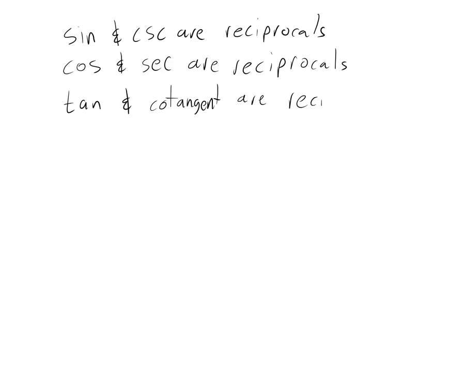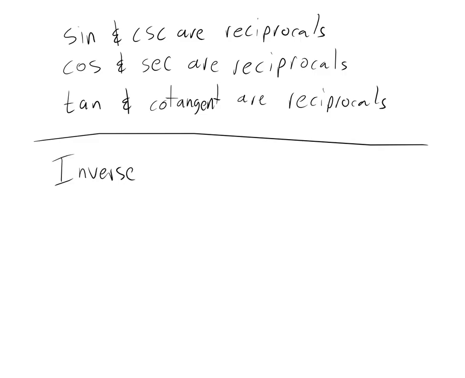These are all reciprocals. But, as we saw in the last lecture, there's something else that we can call inverses. Sine inverse and sine are inverses. And once again, we're using that power of -1 to represent the inverse.